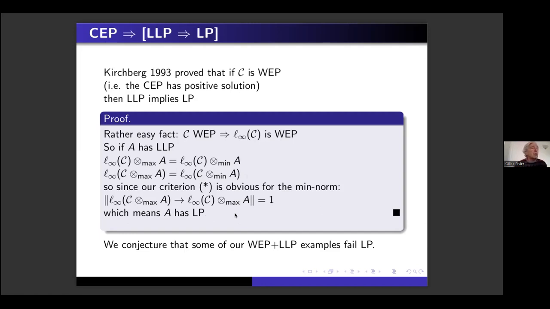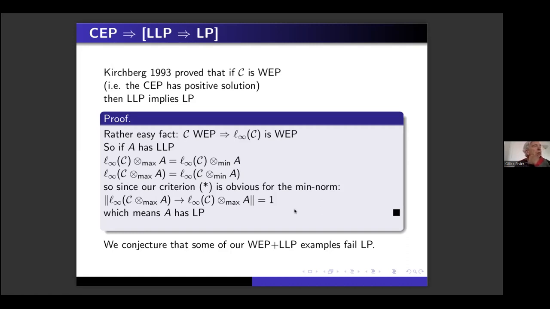And this is true, of course, because in this case the max is the same as the min. And for the minimal tensor product, we remarked yesterday that this property star is obvious for the min norm.